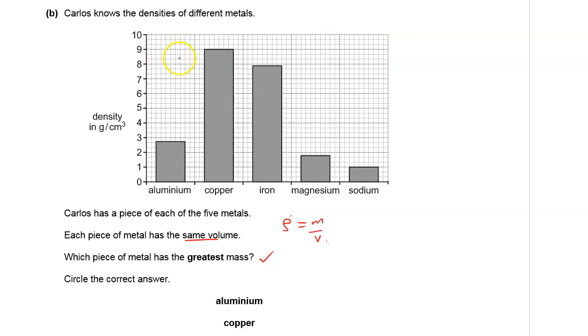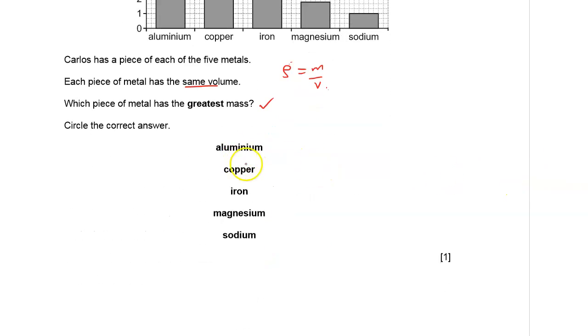The one that has got the greatest density is copper, which has a density of 9. And therefore, that is what you circle. Copper has got the greatest mass, because it has the greatest density.